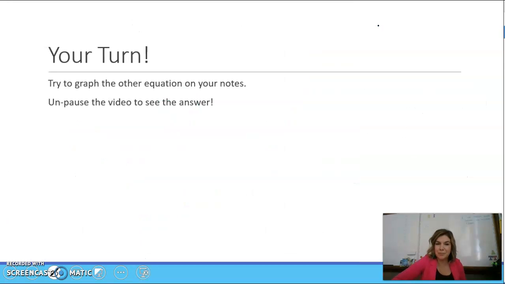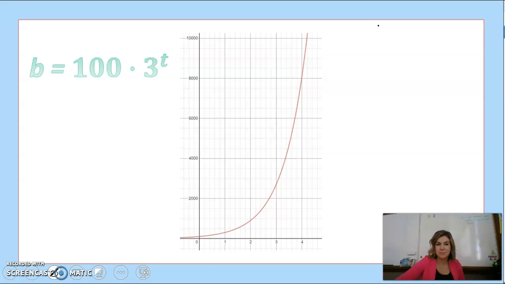Your turn. Why don't you try to graph the other equation that's on your notes, and pause the video so you can do that, and unpause to see the answer. Okay, here is the graph that you should get. We're starting with 100 times 3 to the power of t. We know that 100 is our initial value.